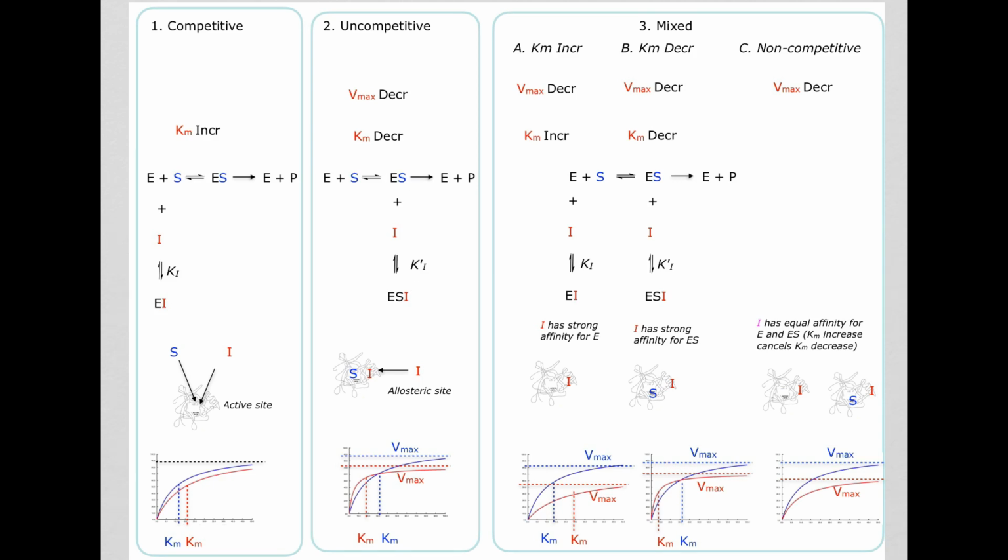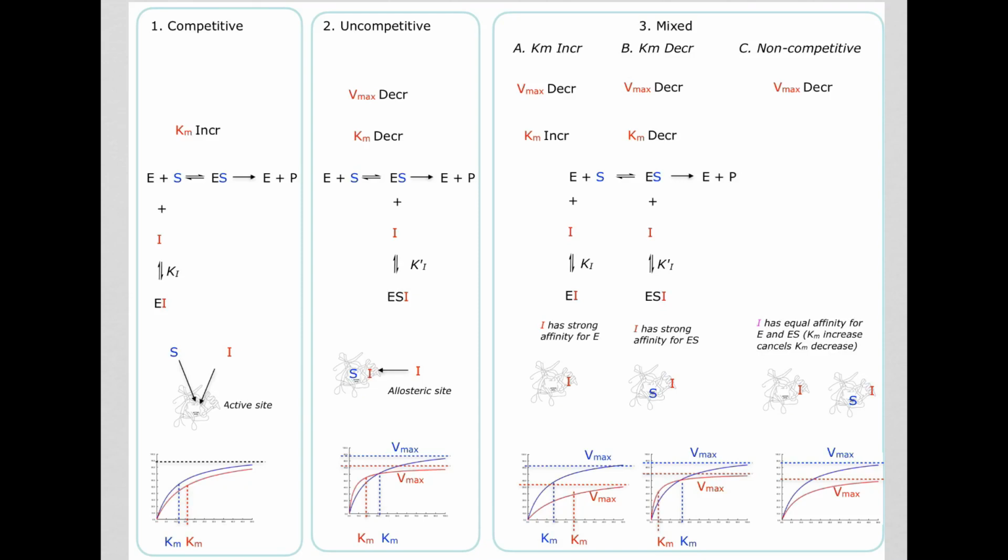So an uncompetitive inhibitor will decrease the Vmax. Now what about the effect of an uncompetitive inhibitor on the Km? When the inhibitor binds the ES, that is going to make this reaction go in this direction because the ES and I are combining to form ESI.